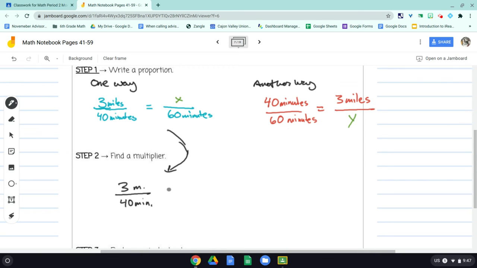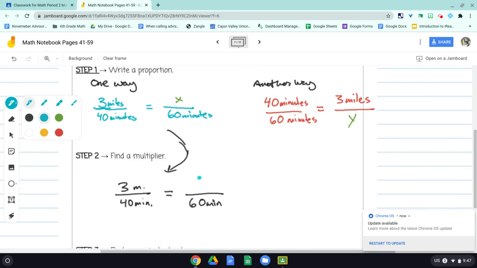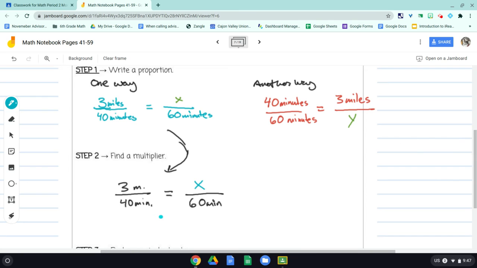So use some abbreviations, equals something over 60 minutes. So we're going to make X miles. Okay. So now that I have that, I can cross multiply, use the butterfly method, and solve. I can solve in another way too. I could look for common multiples, but I can't turn a 40 into a 60 very easily. So I'm going to use the butterfly method and solve this one.